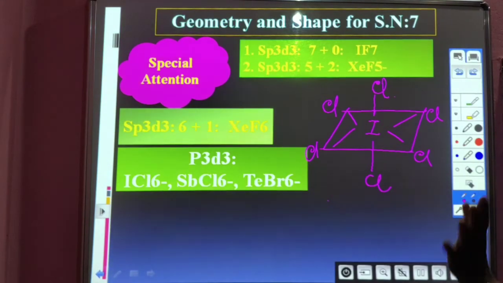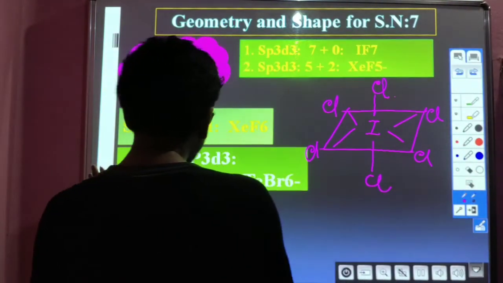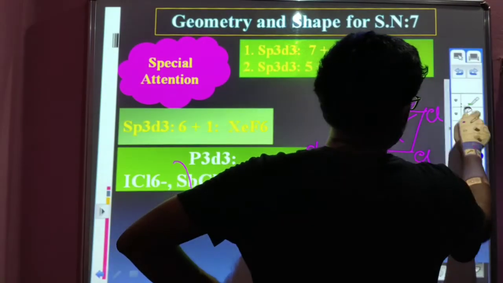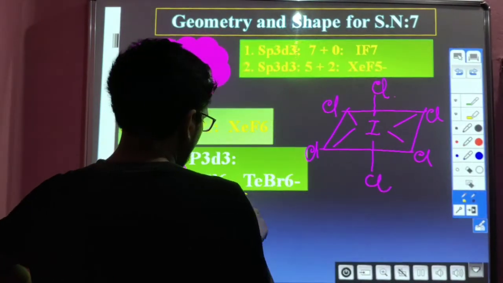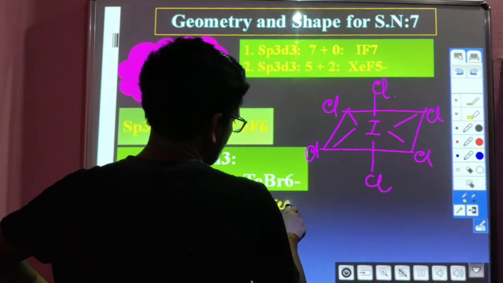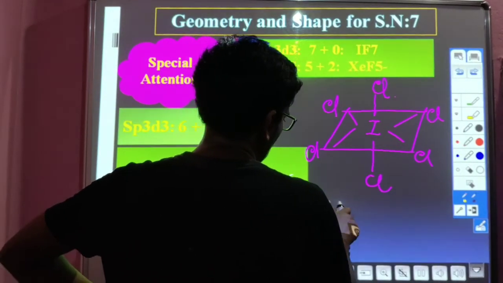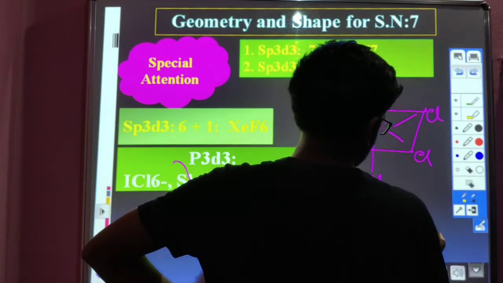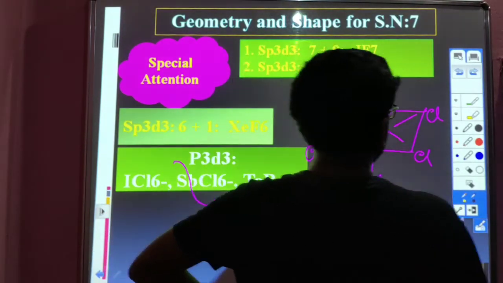The one lone pair of electron will basically be a stereochemically inactive lone pair, considered as a stereochemically inactive lone pair. In this case, what will happen?